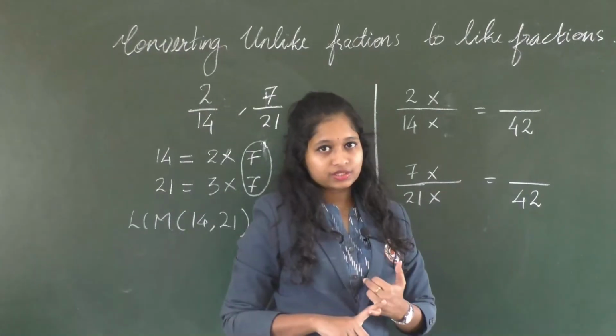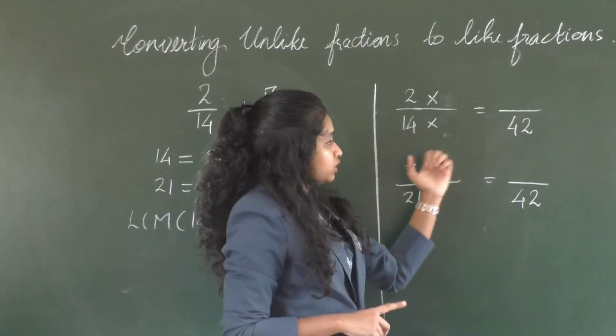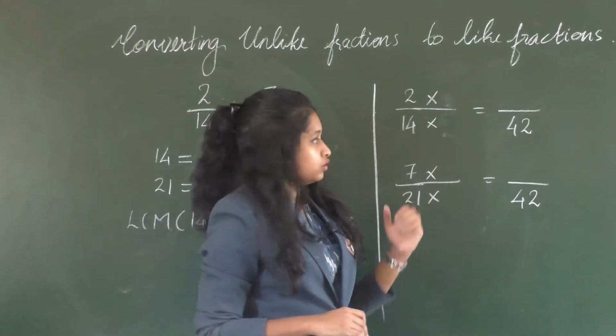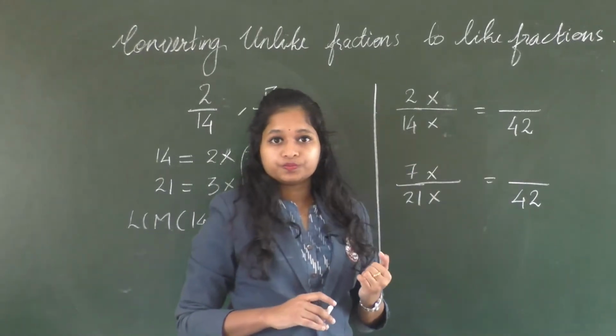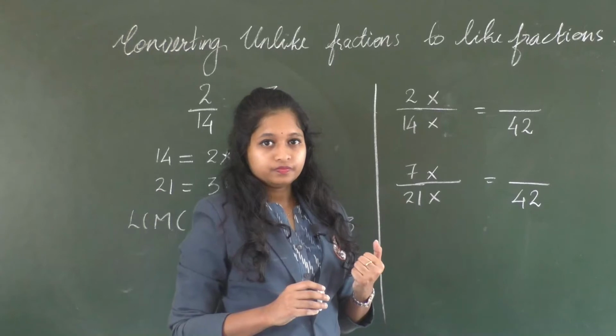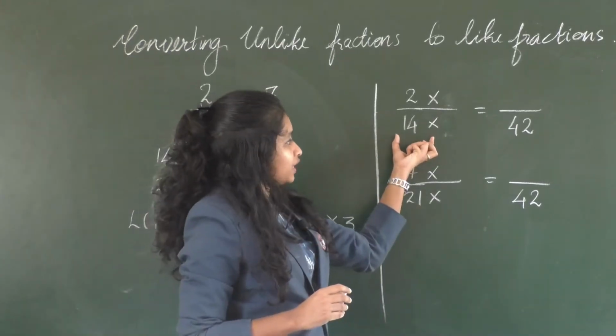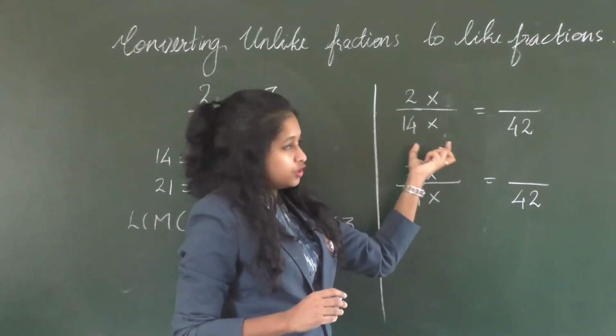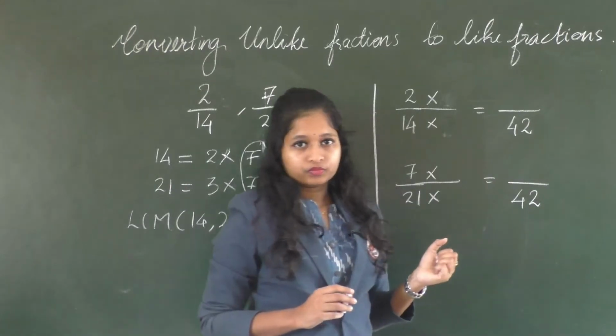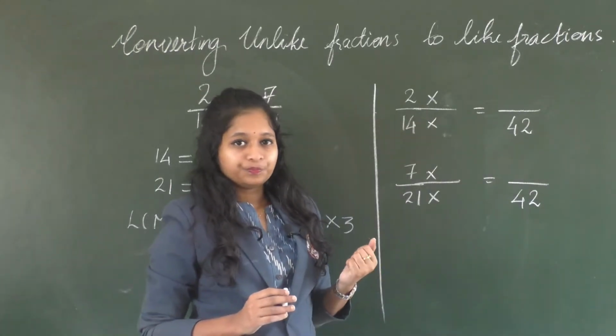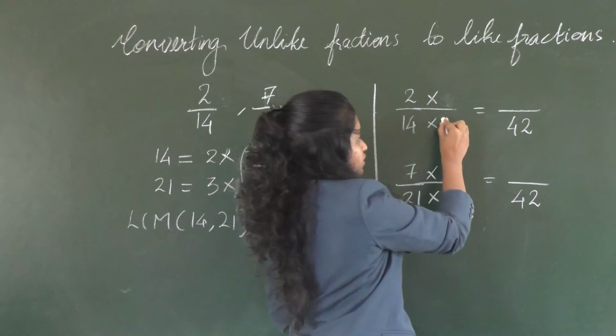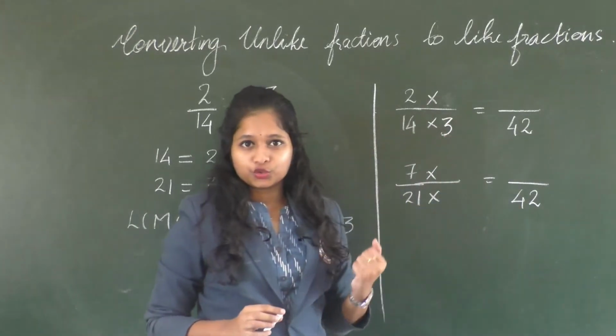Now, the next step is we have to make this 14 to 42. So, what to do? We have to multiply this 14 by a number so that we get 42. What is that number? 14 into 3 is 42.